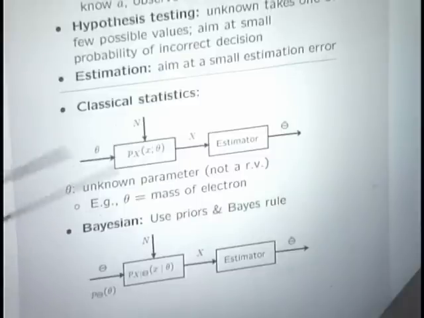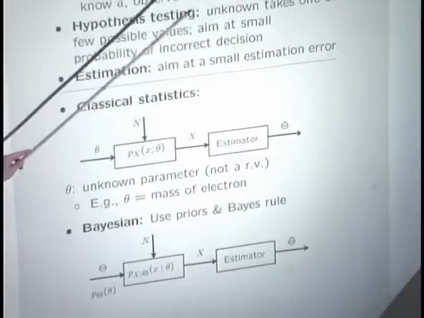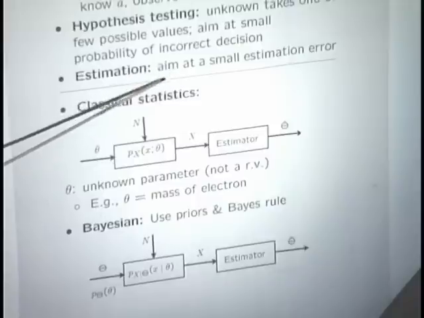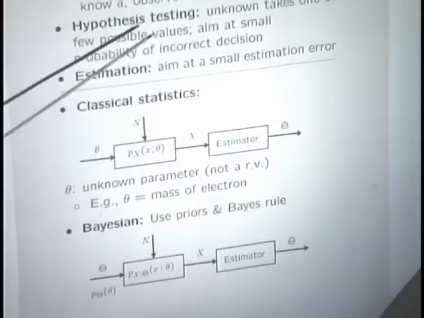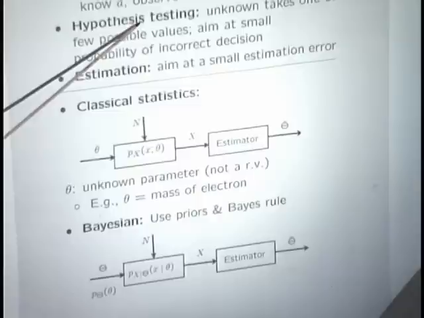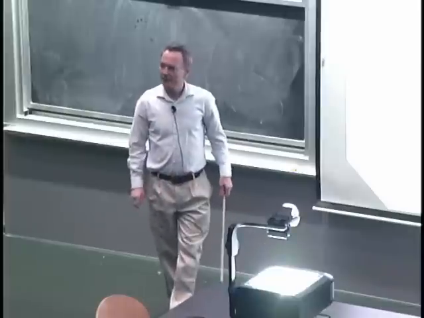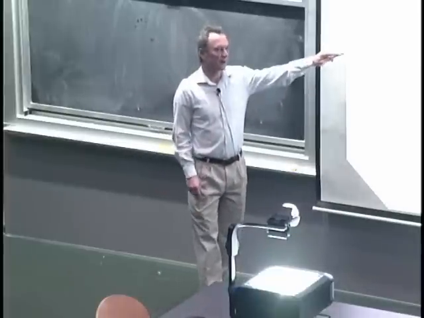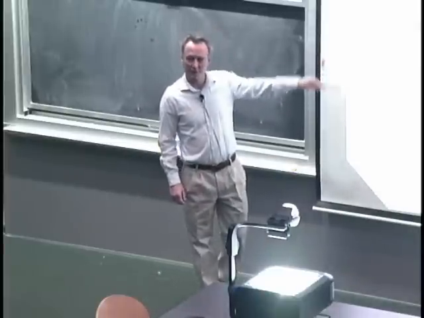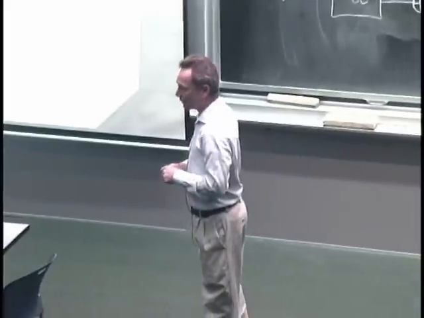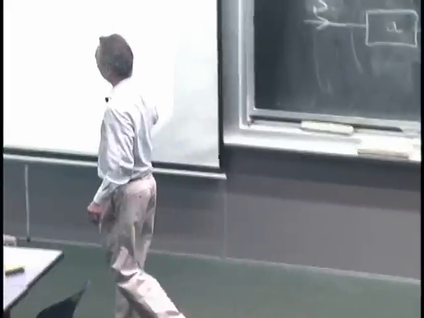So the distinction here is that usually here the unknown quantity takes a discrete set of values. Here the unknown quantity takes a continuous set of values. Here we're interested in the probability of error. Here we're interested in the size of the error. Broadly speaking, most inference problems fall either in this category or in that category. Although if you want to complicate life, you can also think or construct problems where both of these aspects are simultaneously present.